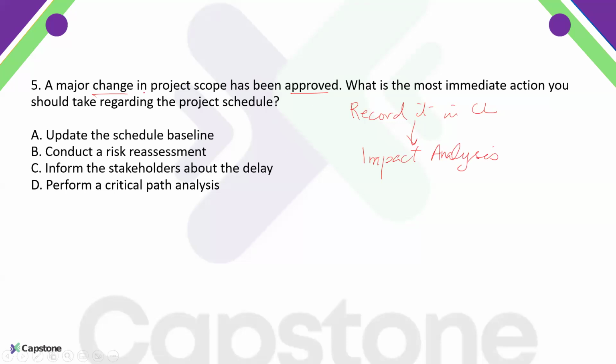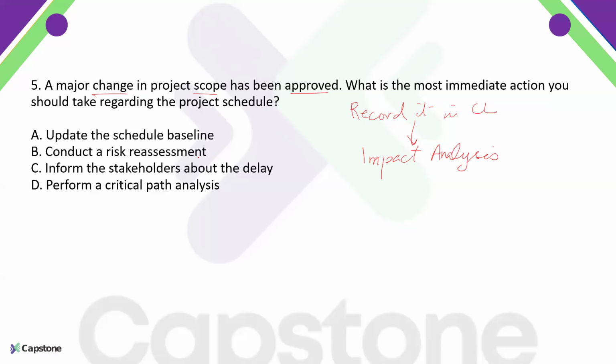And when we are talking about scope, the change is related to scope. It means that the change related to scope can have an impact on the schedule as well, on the budget as well, on the risk as well.